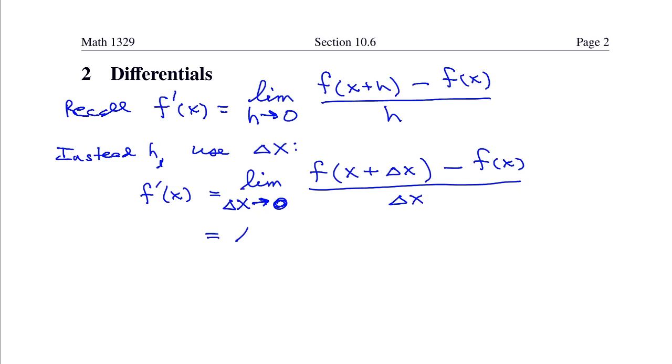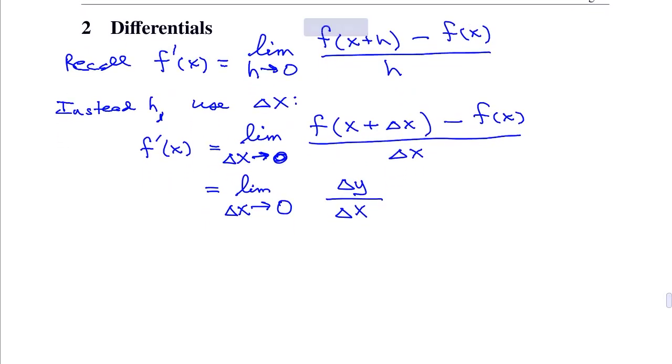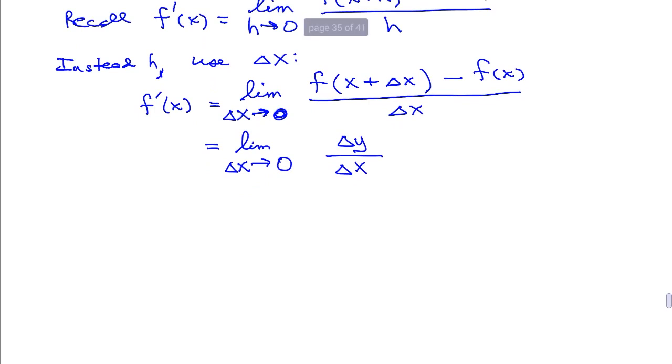So this is really the limit as delta x goes to 0 of delta y over delta x, because this numerator part is just the increment of y. Now, we need a little bit of theory here. You know that when you take this limit as delta x goes to 0, delta y over delta x is going to equal f prime of x.